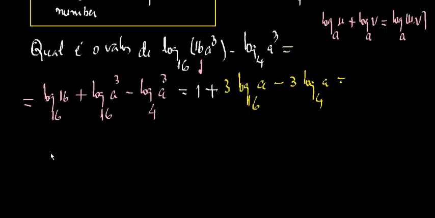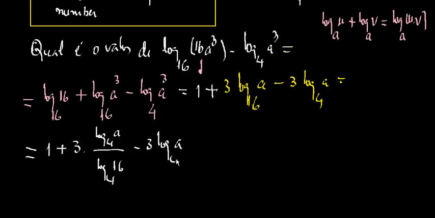So let's continue. He's telling me that he is going to change the base to base 4. So it will come 1 plus 3 times logarithm of a in base 4 over logarithm of 16 in base 4, minus 3 logarithm of a in base 4.